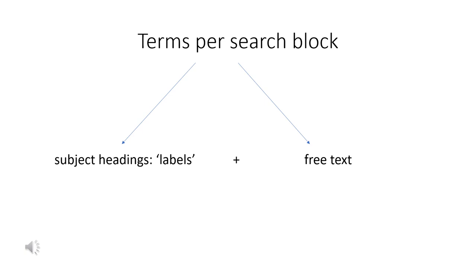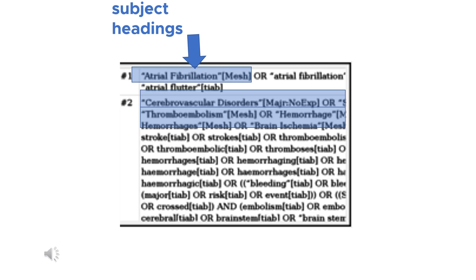So we will make use of these fixed headings, subject headings they are called, or labels. And then of course you have a different category which is free text. And I will show you how to recognize these different categories. So you can recognize the fixed terms by brackets with MeSH or MeSH major or minor behind them. And the free text words have brackets with terms such as tiab or ti or such behind them.